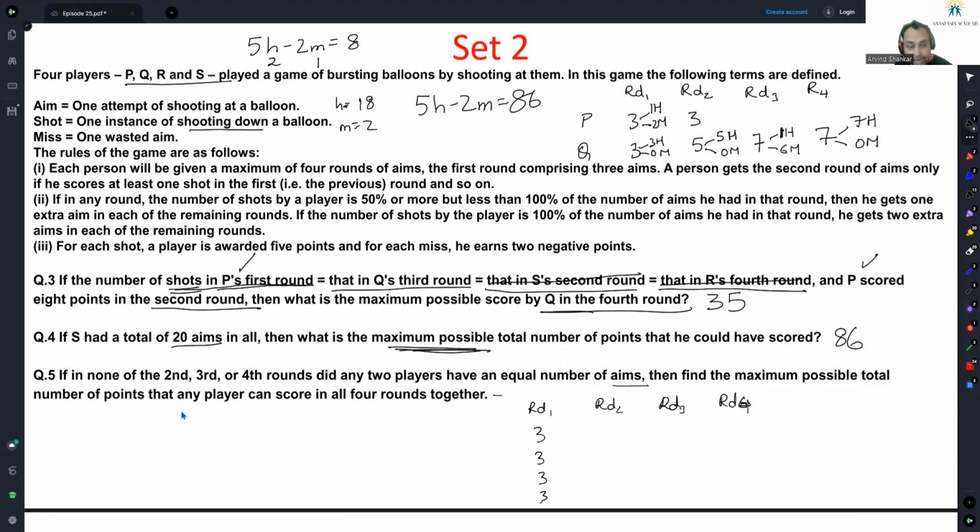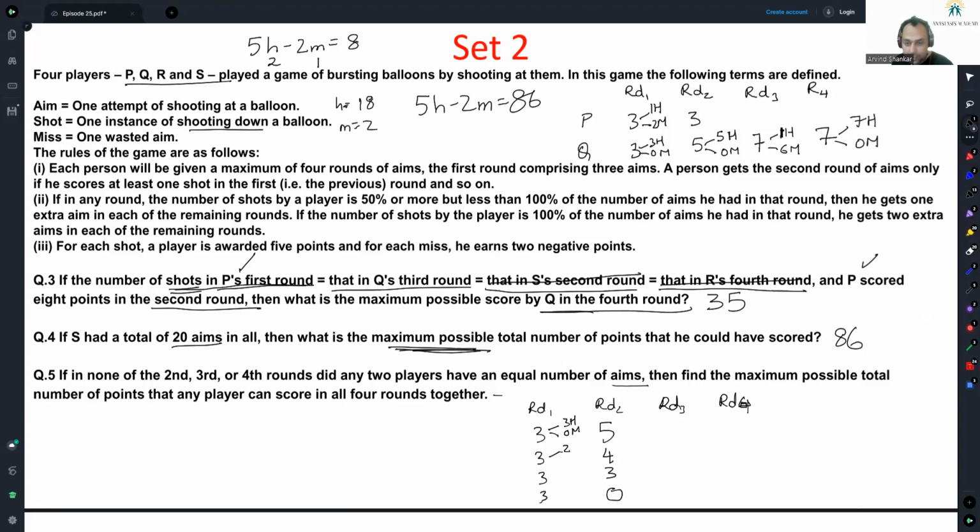Now, if in second round none of them got equal number of aims, which would mean he can get 5, he can get 4, he can get 3, but this person would have to get 0. There was no way that somebody got -1 or -2, which would mean this person here has 3 hits and 0 misses.